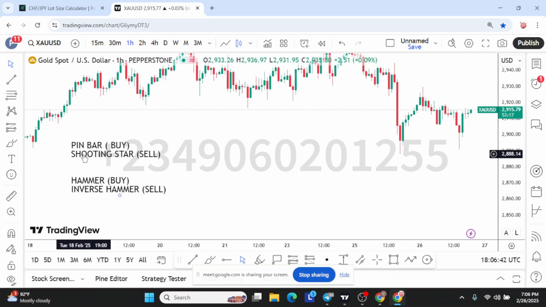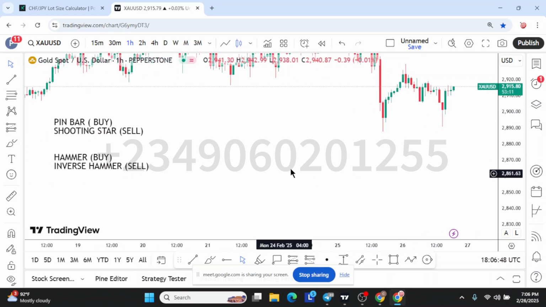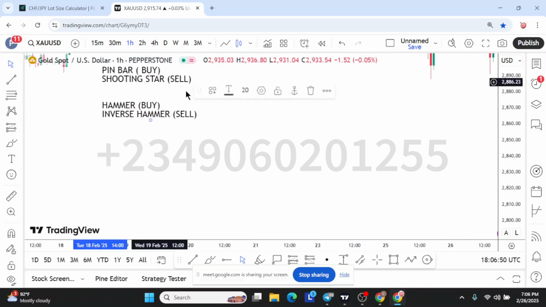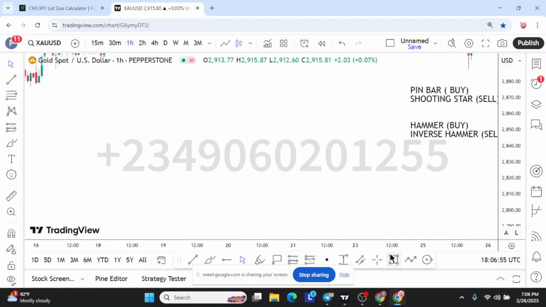So now for pin bar and shooting star, let's look at this first. We'll look at them one after the other. Pin bar. Now this is how a pin bar candlestick looks like.